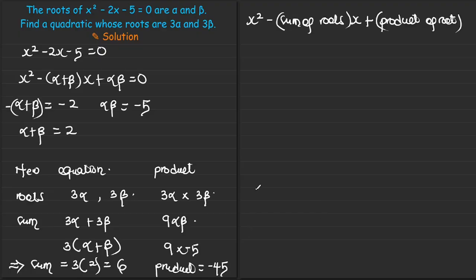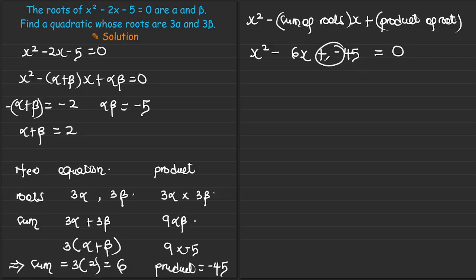In view of that, using the formula x squared minus the sum of the roots x plus the product of the roots, our new equation is simply going to be x squared minus the sum of the roots. The sum of the roots being 6, so 6x, then plus the product of the roots, which is negative 45, equals 0.